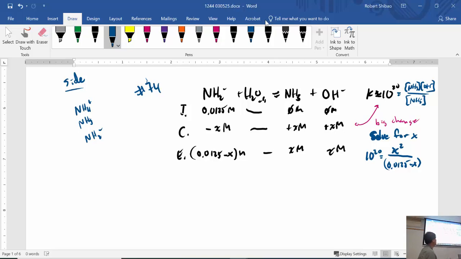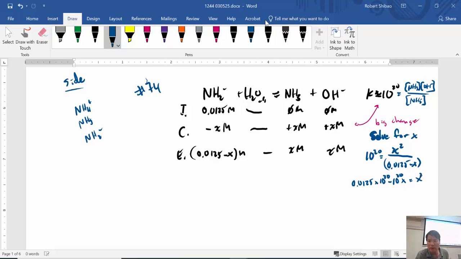All right, this seems reasonable. This is just a quadratic, so I'm going to get this into quadratic form. I'm going to multiply both sides by 0.0125 minus x. On the left side, I get 0.0125 times 10 to the 20th minus 10 to the 20th x is equal to x squared.